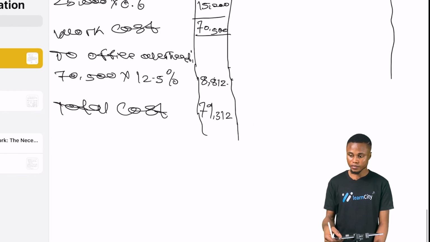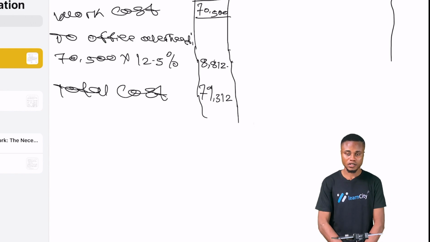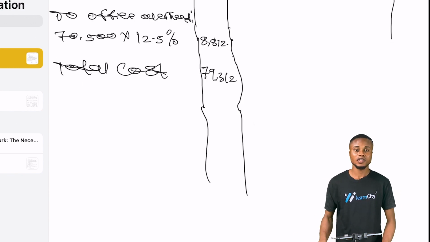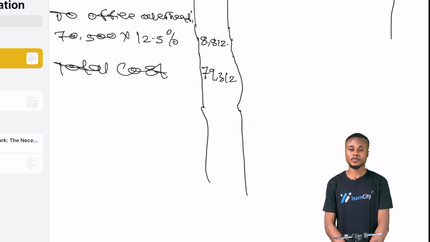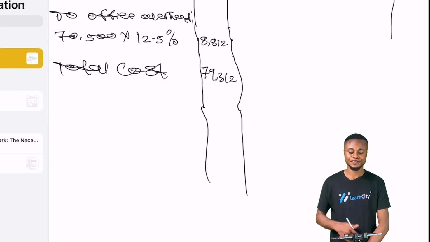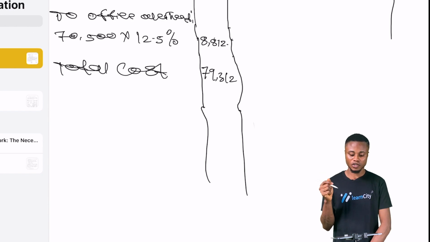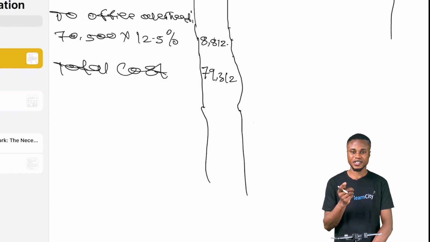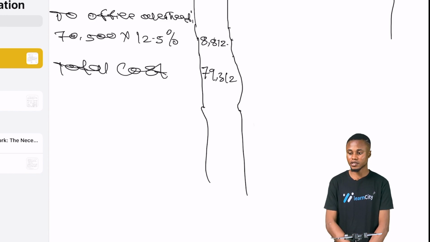All right, that is our total cost. The next thing for us to do is to get our profit at tender price. It is also given in that question. For us to get it, on this 79,312, we are going to use the percentage of 15%.